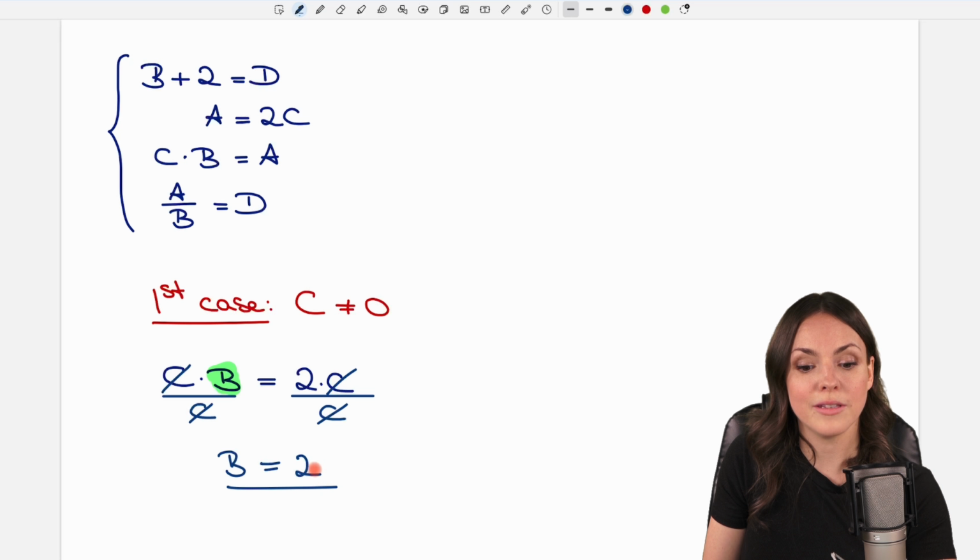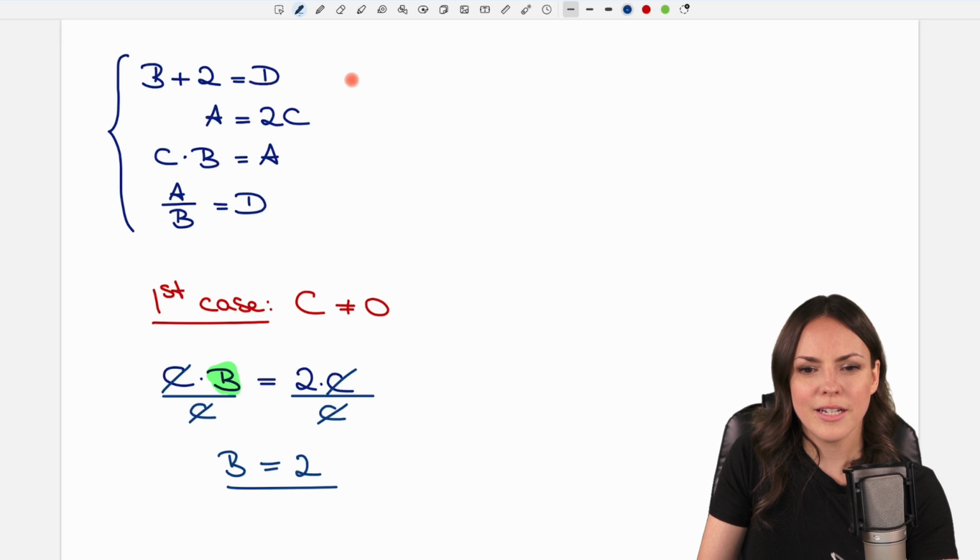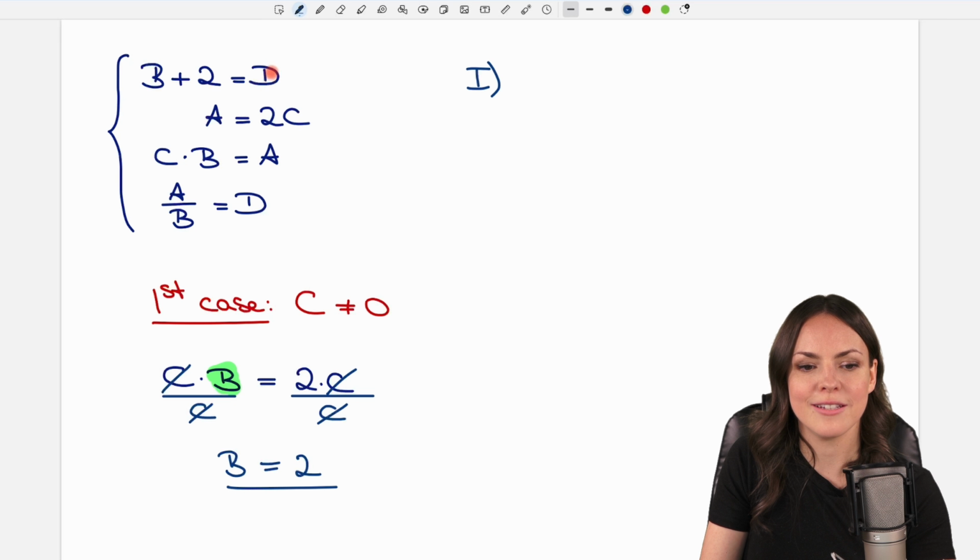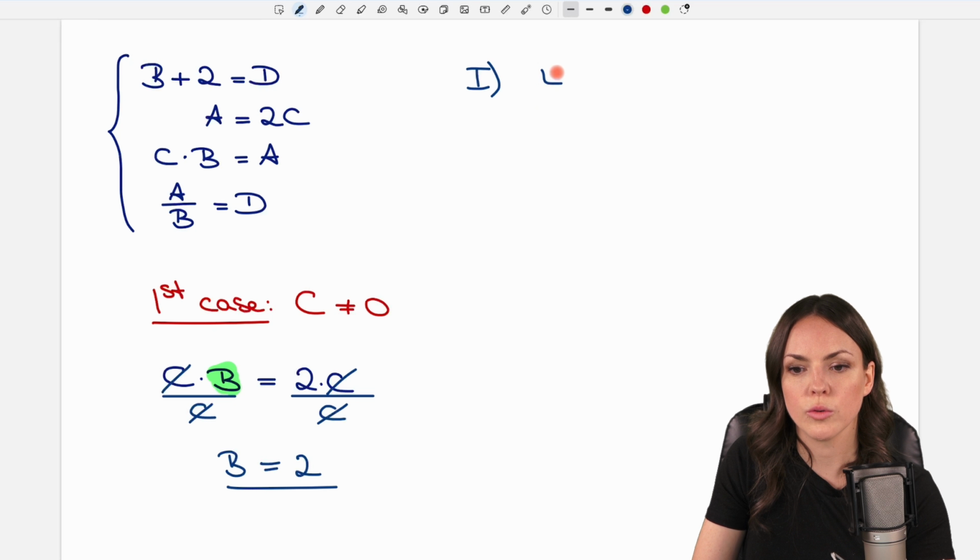So we found out that B equals 2, and we can figure out the other variables as well. Let's take a look at the first equation to find out D, because now we know that B equals 2, right? So we have 2 plus 2, which equals 4, and this is my D. So I found D as well.